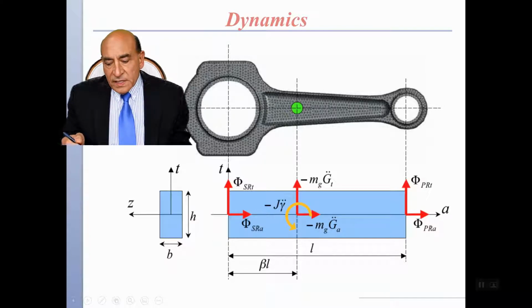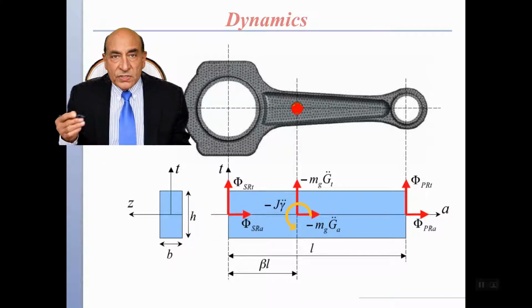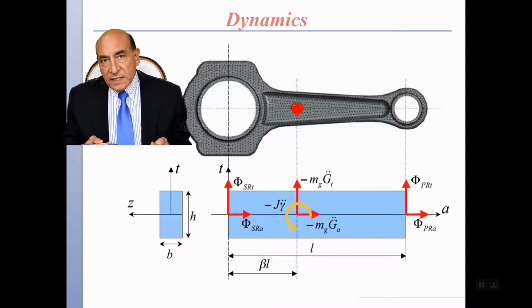So dynamically, the connecting rod is going to be included as mass, concentrated mass at the center of gravity. And the CG is going to be obtained from the detailed configuration of the connecting rod in 3D, and that we could easily obtain from software, SOLIDWORKS, for example.